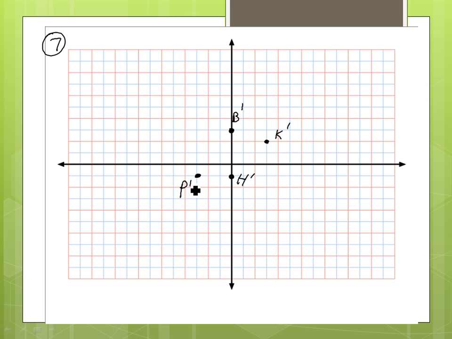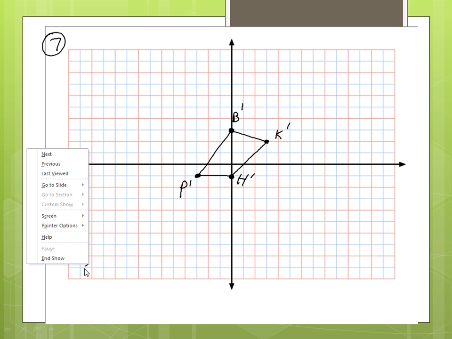So that's the image, because I did the ones with the primes on them first.